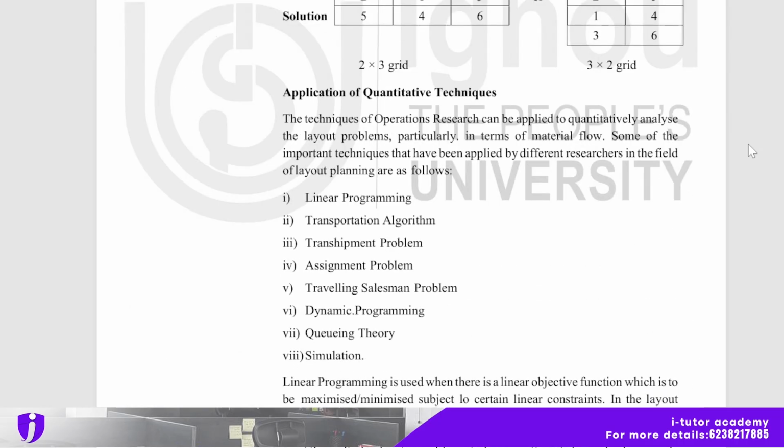Okay, application of quantitative technique. The techniques of operations research can be applied to quantitatively analyze the layout problem, particularly in terms of material flow.